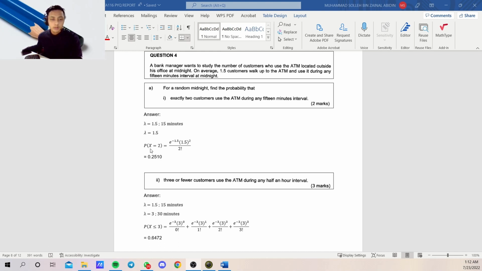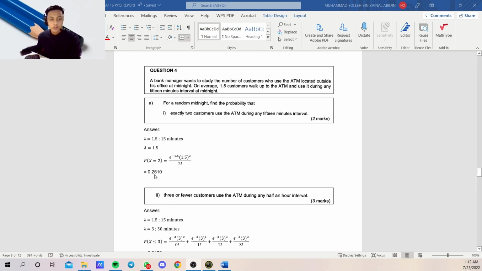P(X = 2) equals e to the negative 1.5 times 1.5 to the power of 2 divided by 2 factorial. So the answer is 0.2510. So this is how we get the answer for question number 1.